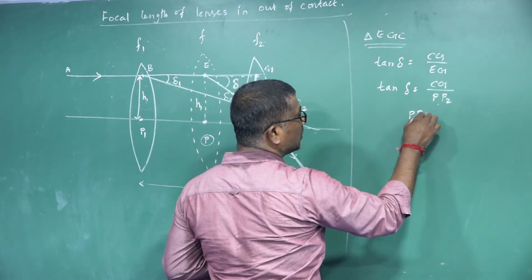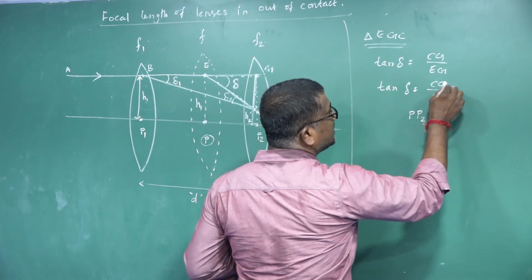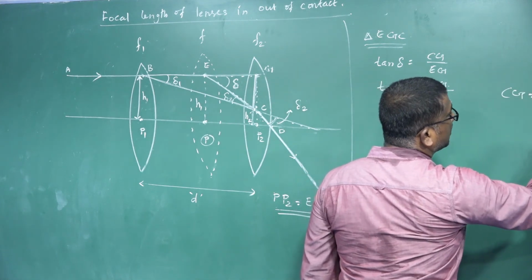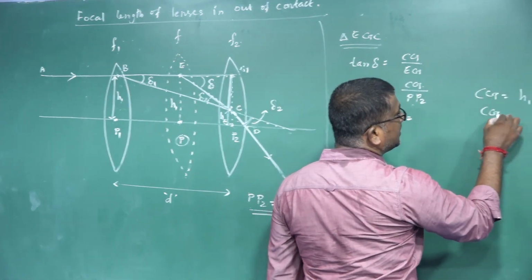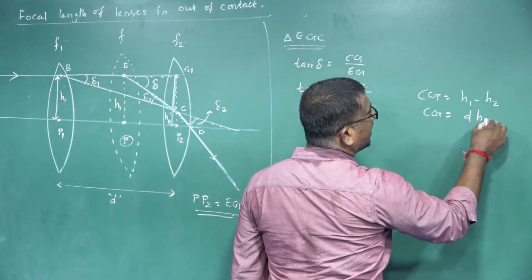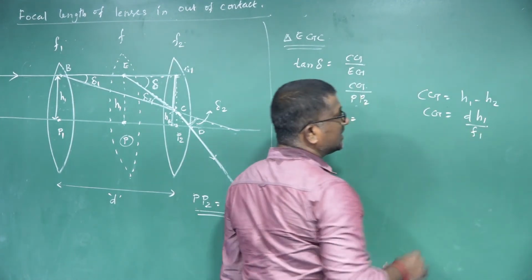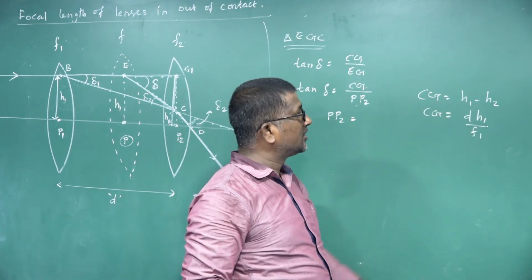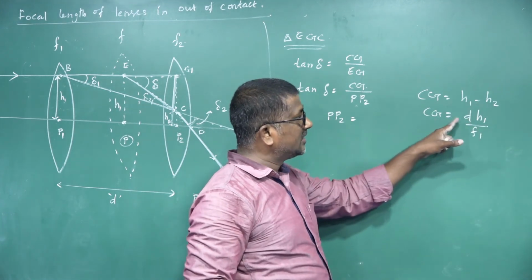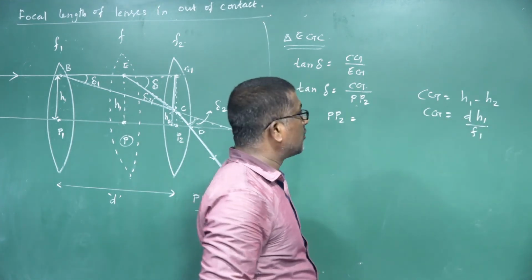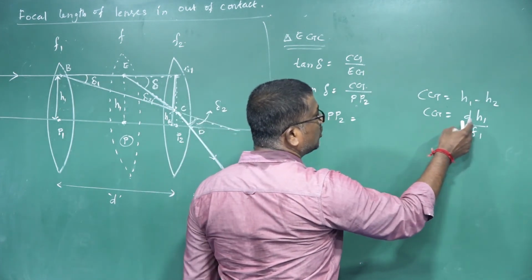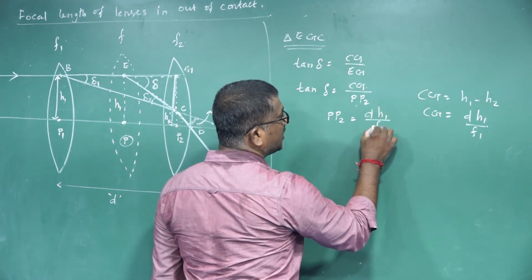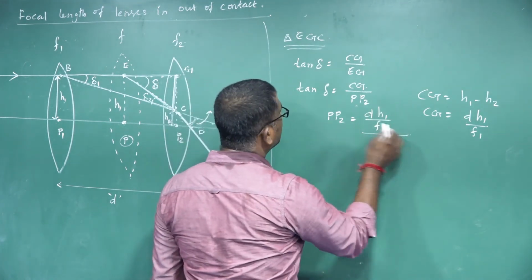Therefore P2 is equal to CG divided by tan del. Already derived, CG is equal to H1 minus H2, or CG is equal to D H1 divided by F1. Substitute CG is equal to D H1 divided by F1 here. So D H1 divided by F1 divided by tan del.